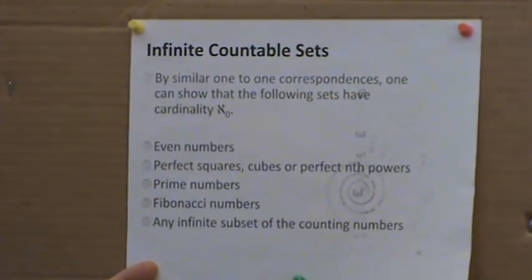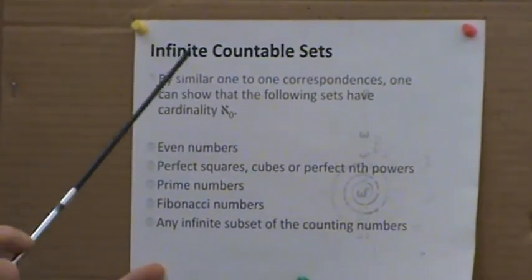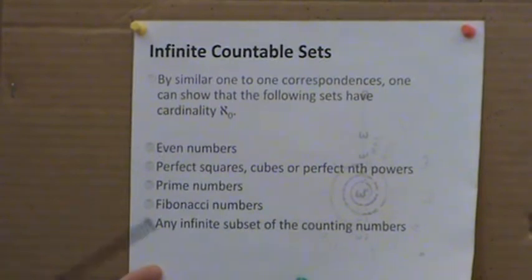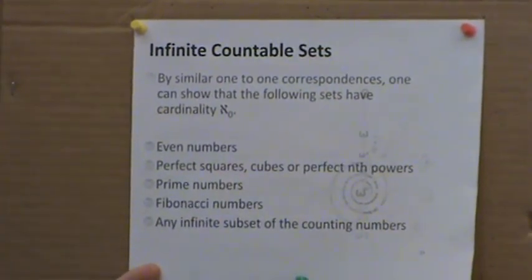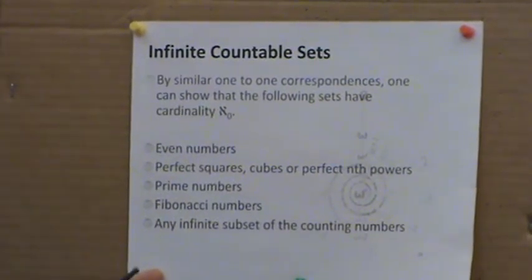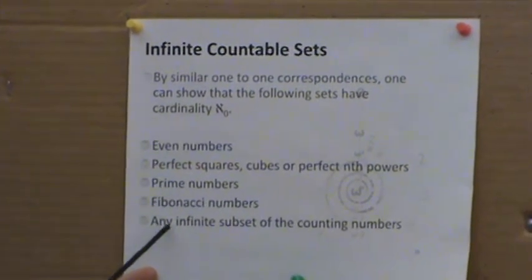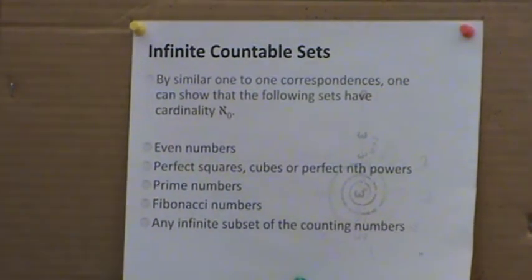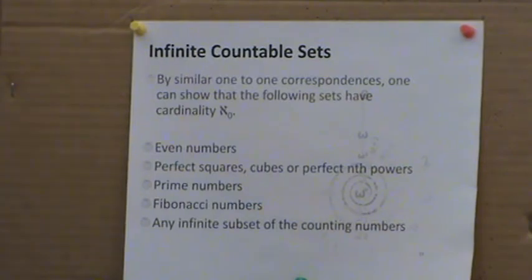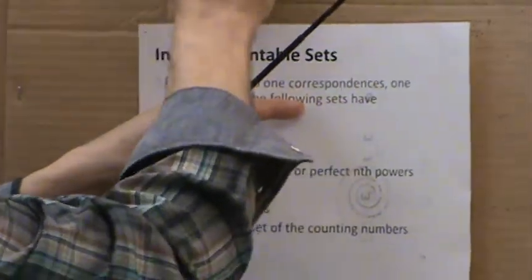There are infinitely many of them, and there is a one-to-one correspondence between the set of counting numbers and the perfect squares, which means we can count them: this is first, this is second, this is third, this is fourth, and so on. And Fibonacci numbers too. Any infinite subset of the counting numbers is also countable, if the set is already countable. So that is about this. Now, I guess that's it.